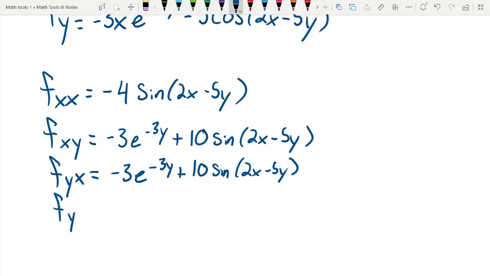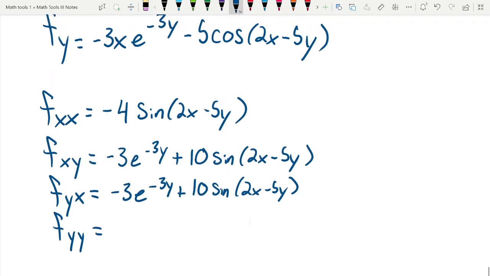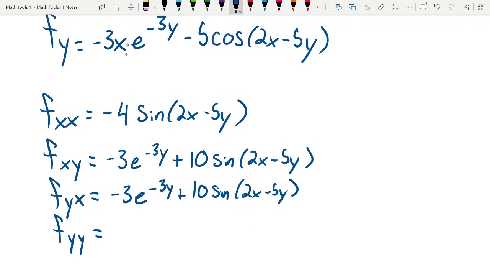And then finally, we can do fyy. So here x is treated as a constant. So negative 3 times negative 3, so 9x e to the negative 3y. This will give us a negative 5, and then this will give us a negative when we differentiate.